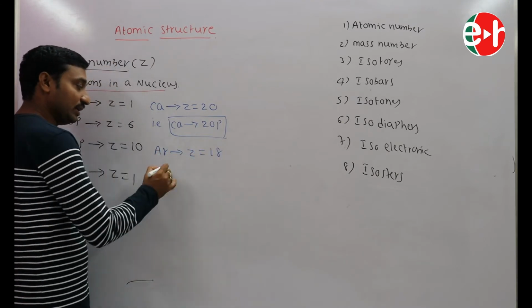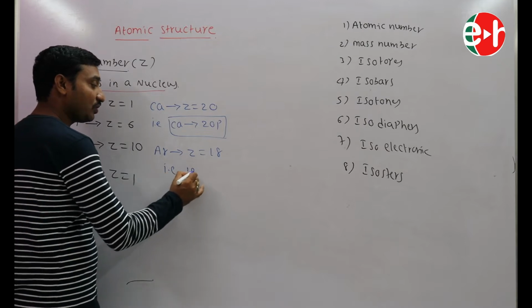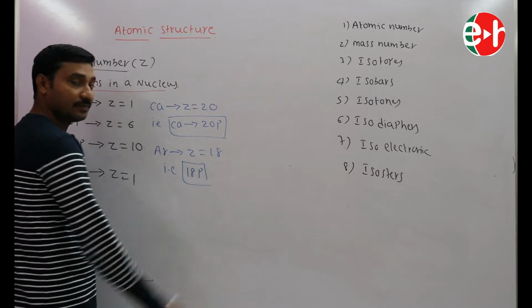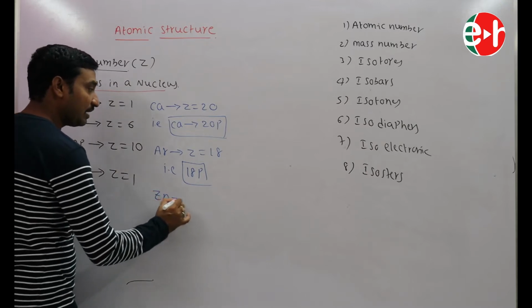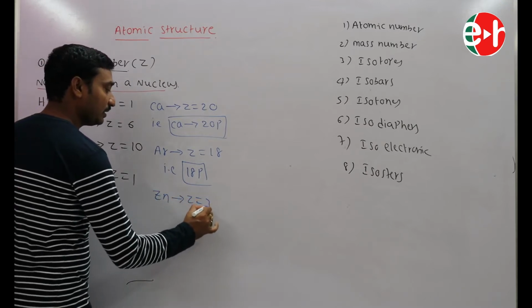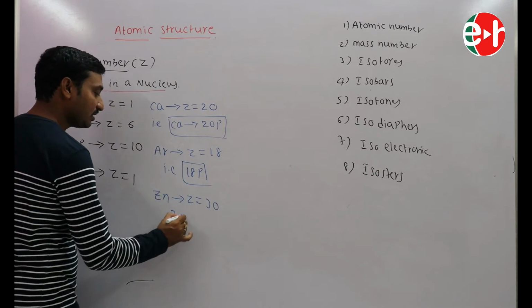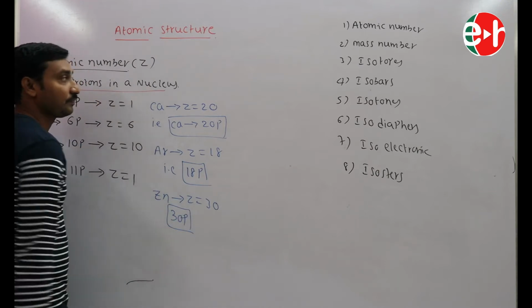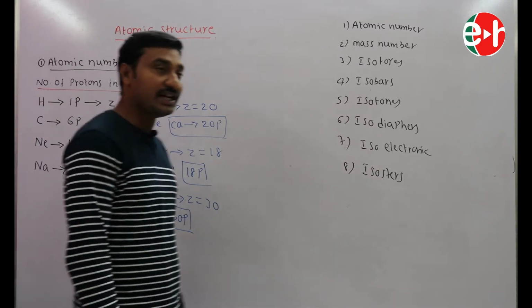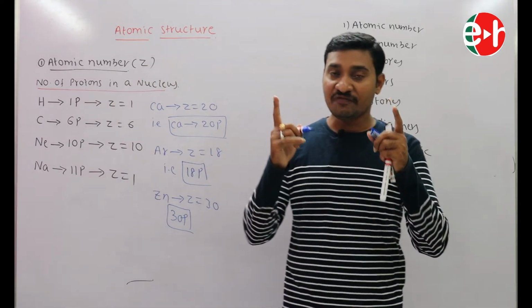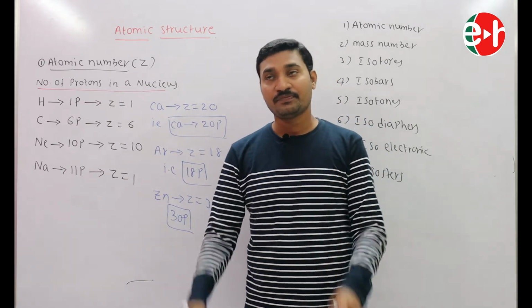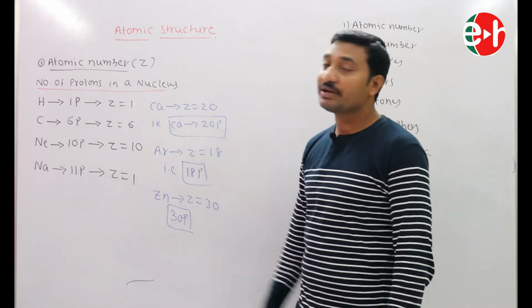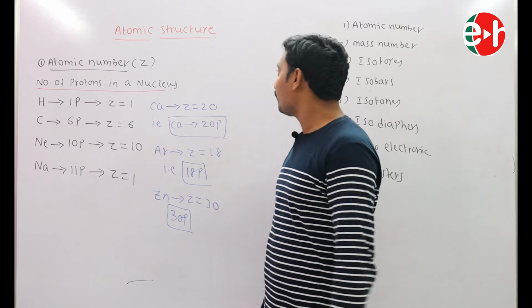That means it has 18 protons in its nucleus. Zinc atomic number 30. That means it has 30 protons in its nucleus. Okay, so finally, the number of protons in the nucleus of an atom is called the atomic number.